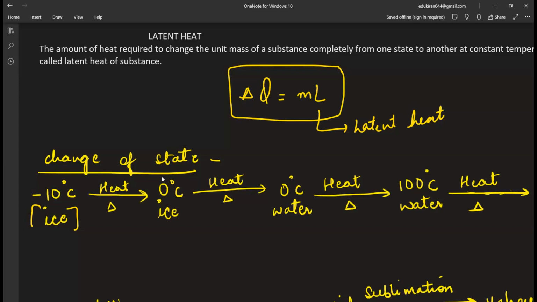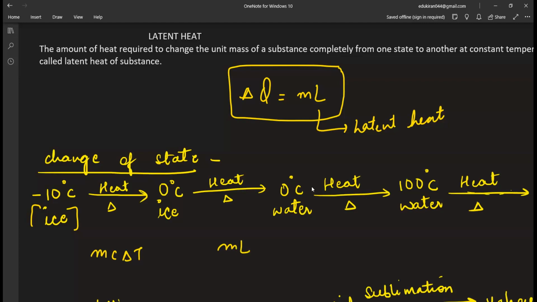First, the temperature changes, and when temperature changes, we use the formula MC delta T. Then it becomes ice at 0 degrees. Then you provide further heat. Now the temperature remains constant and the ice becomes water. So the temperature is not changing, only the state is changing. So here you will use the formula ML.